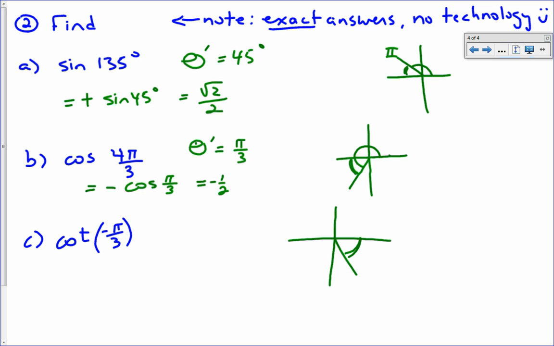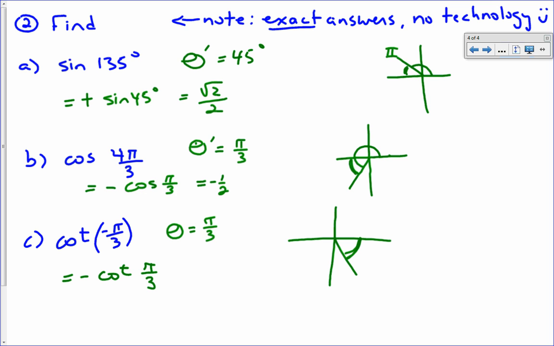So our reference angle is the same size, but it's considered to be positive, so it's pi over 3. Cotangent, this is quadrant 4, where the cotangent is negative. So the cotangent will be negative, whatever the cotangent is for pi over 3.